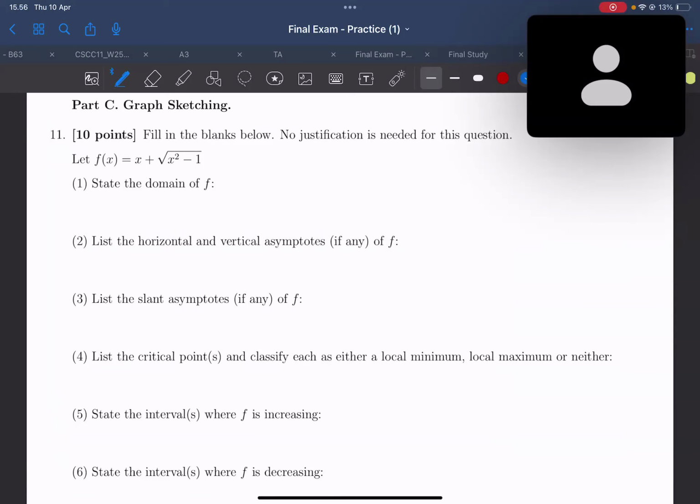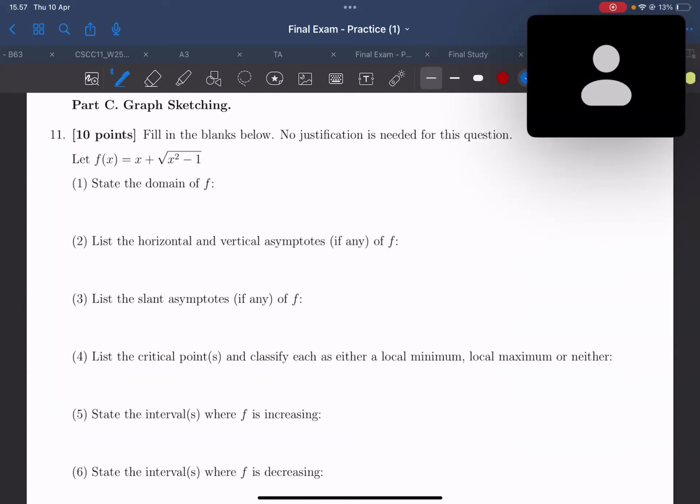The function is f(x) equals x plus the square root of x squared minus 1. The first question says to state the domain of f. Generally, to find the domain of any function, just see where anything that can break the function, make it not valid, happens.